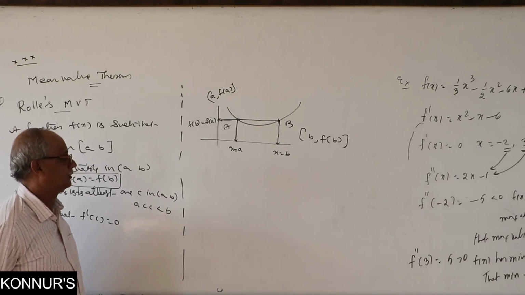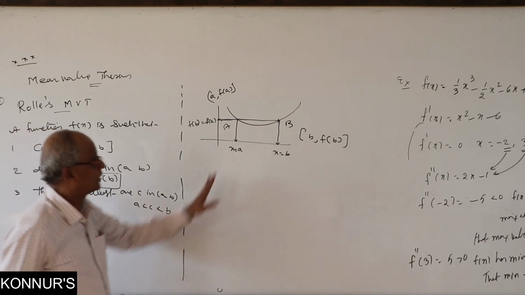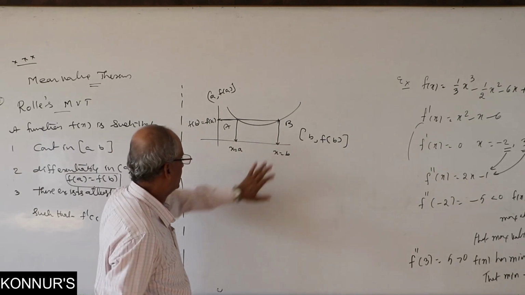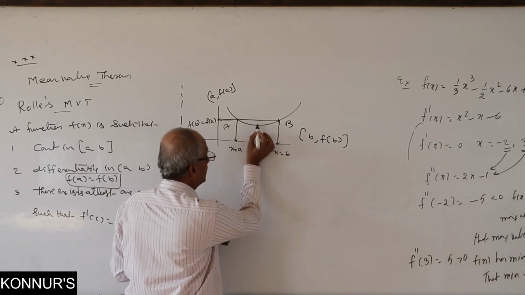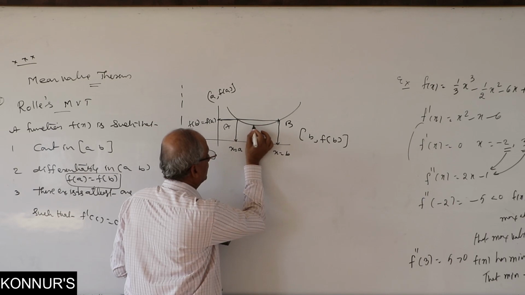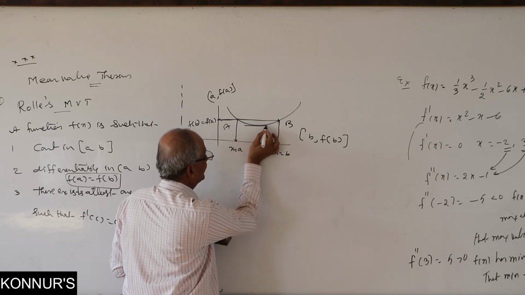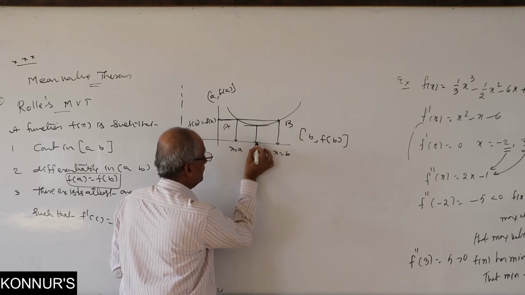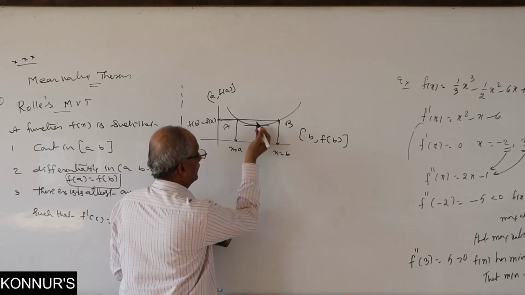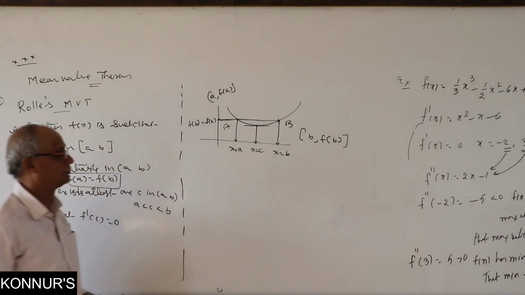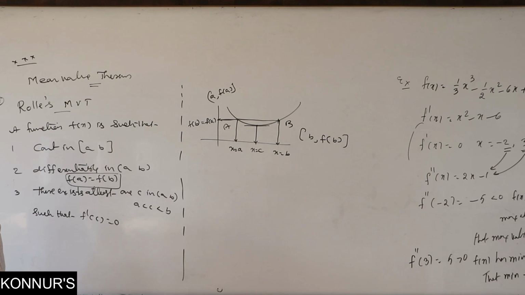We start with success only. What is that? They are equal. The chord is parallel to the x-axis compulsorily, or else definitely there exists at least one c in the interval (a, b) such that the tangent is parallel to the x-axis. Okay. I gave the term upward direction, parabola.